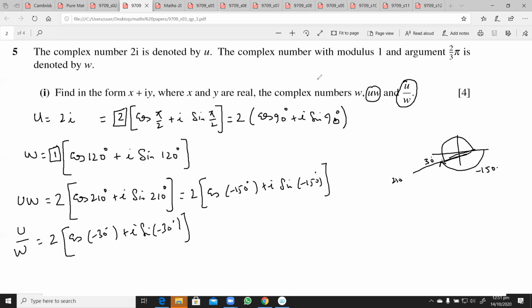So he was asking for them in this form, x plus iy. So we should listen to him, otherwise he will not be giving us marks. So this can be written as, what is cos minus 150? Is that root 3 over 2? I think that is half.